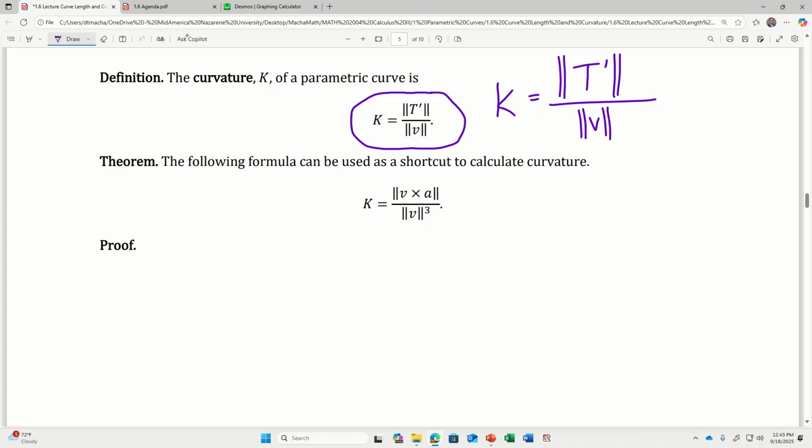And you might wonder how these are related and how to prove that this formula is really the same as the formula above this. If it were me, I'm sort of thinking about the definition of the principal unit normal vector, which is T prime divided by the norm of T prime.